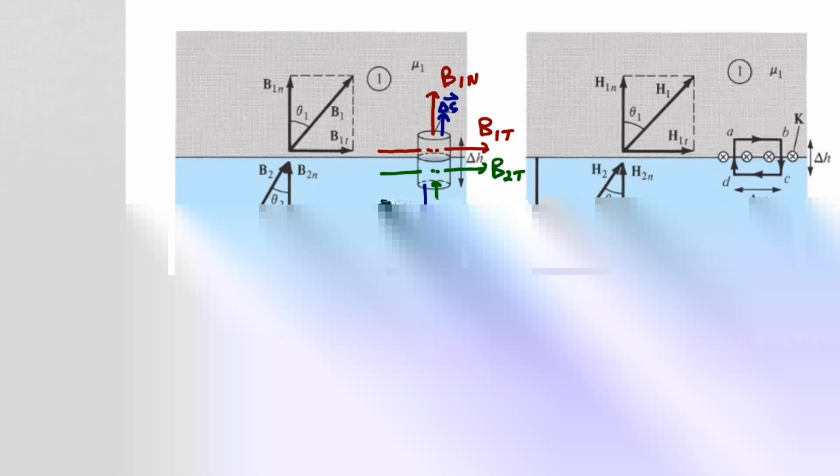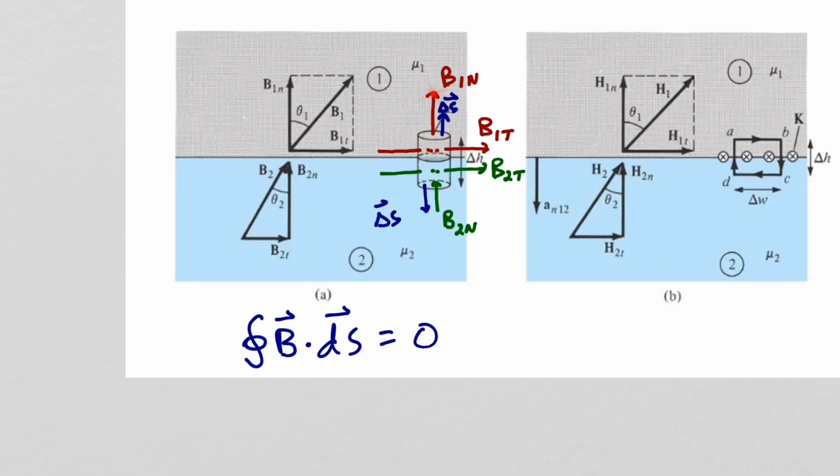On the top surface, B sub 1 normal is in the same direction as the outward normal, so the integral of B dot dS around the top surface is B sub 1 normal times delta S. On the bottom surface, B sub 2 normal is in the opposite direction of delta S, so the integral around the bottom surface is minus B sub 2 normal delta S.